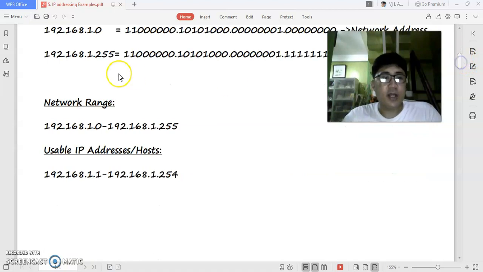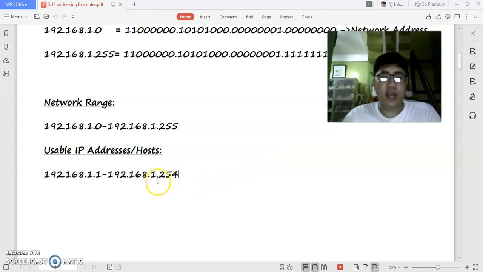After that, your network range is from 0 to 255, but the usable IP address is only from 1 until 254, because 255 is allotted for your broadcast address and 0 is allotted for your network address. So your host addresses, the computers and devices allotted, the IP addresses they can use are from .1 to .254 only. Okay?